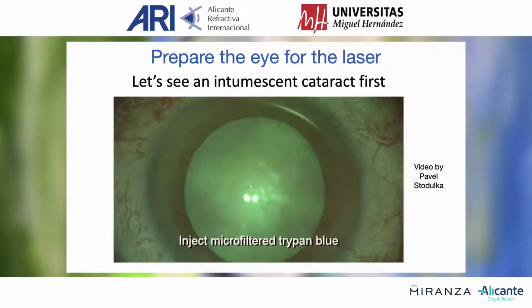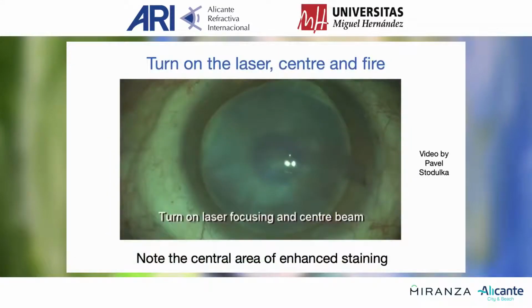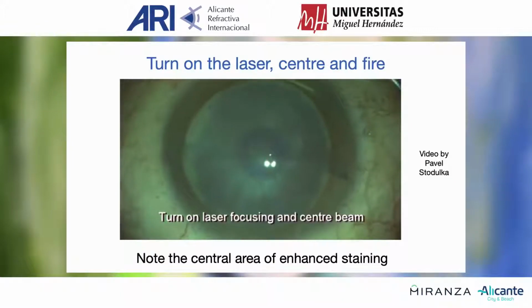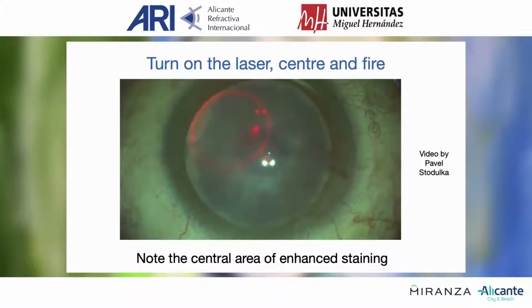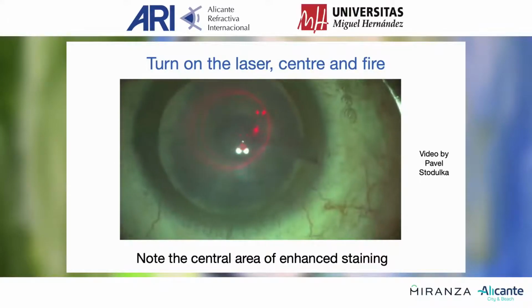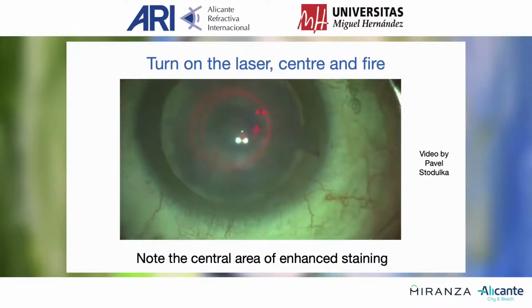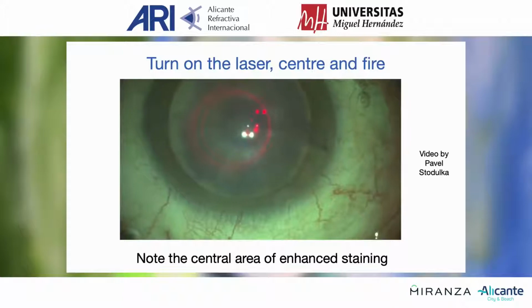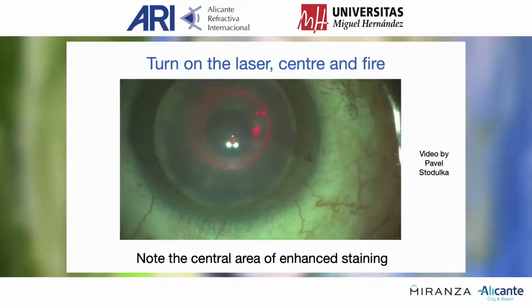We're now going to move on to the second stage, which is the focusing of the laser and centration. So now we can turn on the laser and the aiming beam, center it, and then fire the laser to create the capsulotomy. The aiming beam is where the three little dots are.